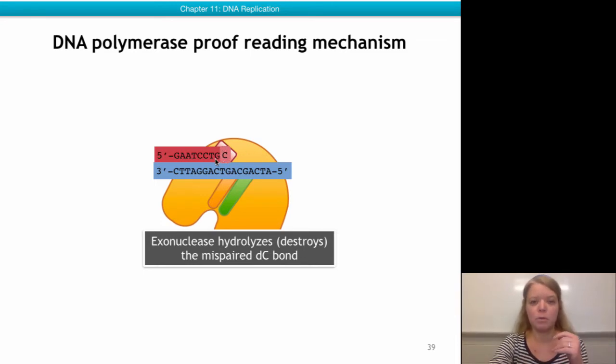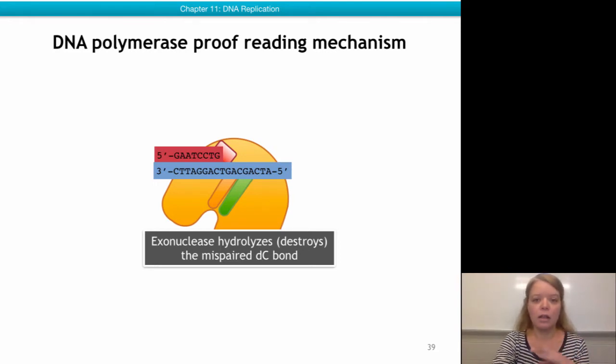So the connection between the G and the C, the phosphodiester bond right here, is going to be hydrolyzed. There we go, hydrolysis also wiggles. And then now the C is no longer attached to the freshly synthesized DNA strand and it diffuses away.